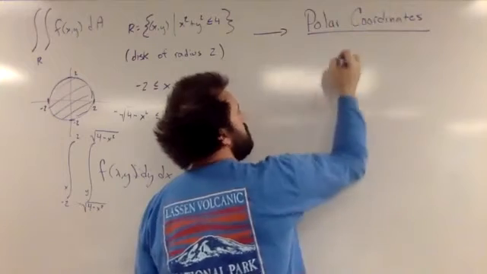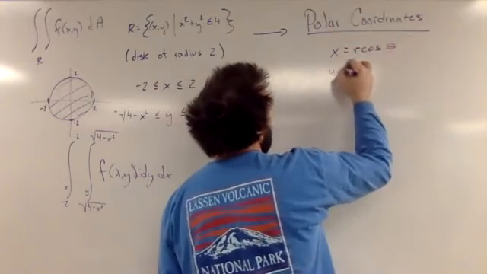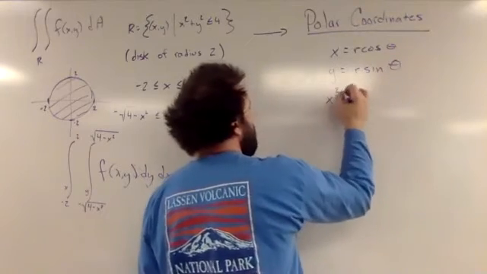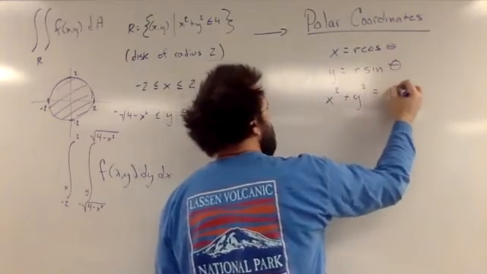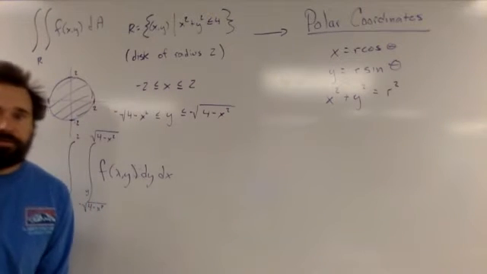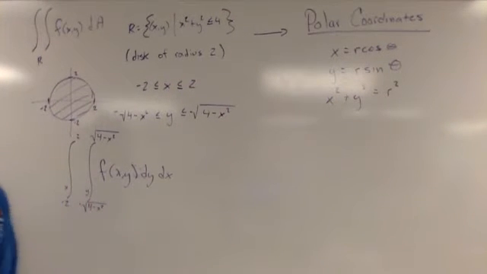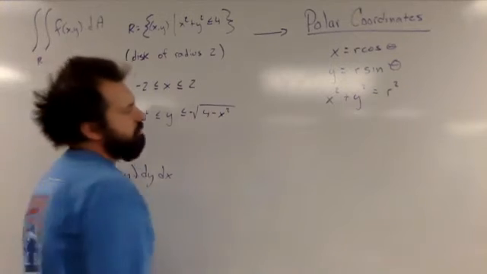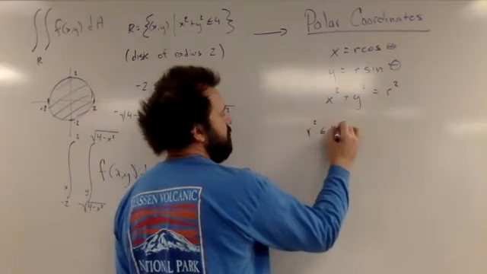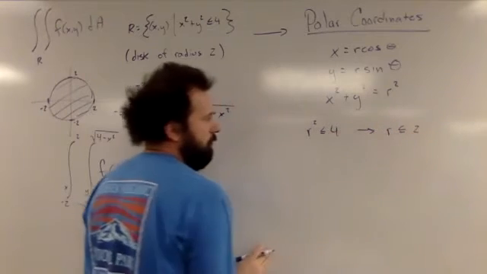So reminders: x is equal to r cosine of theta, y is equal to r sine of theta, and I have the relationship that x squared plus y squared equals r squared. So what that does for my region, this is going to turn into r squared is less than or equal to 4. So that means r is less than or equal to 2.